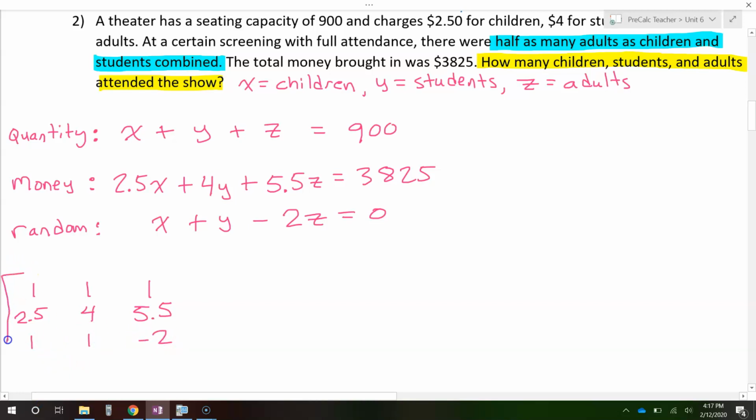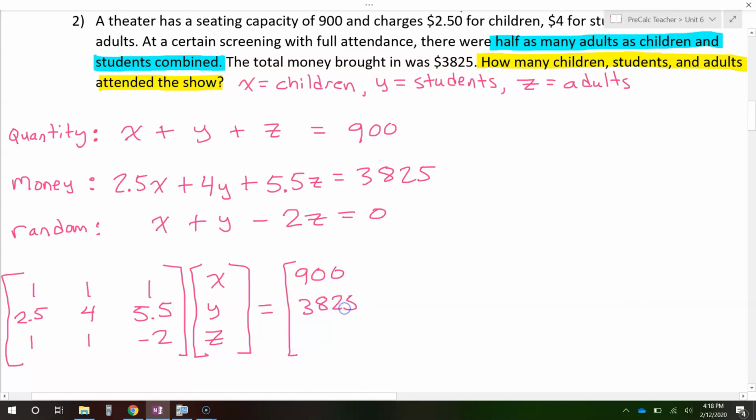So this is the first matrix, the coefficient matrix. Next, I write the variable matrix, x, y, z. And I will set that equal to the answer matrix, which is 900, 3,825, and 0.